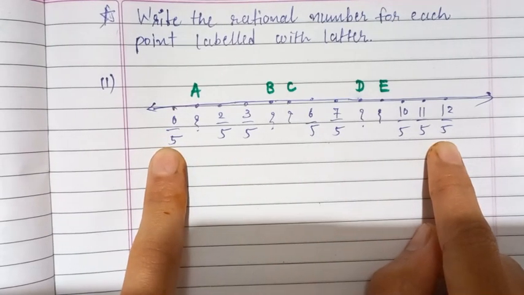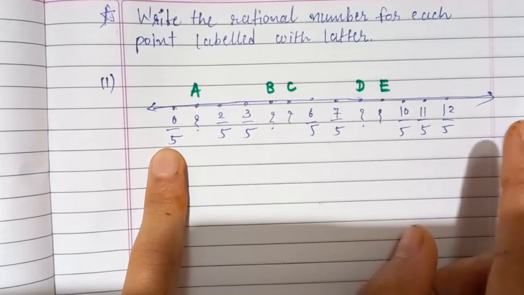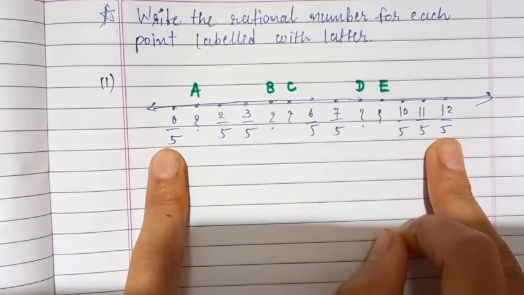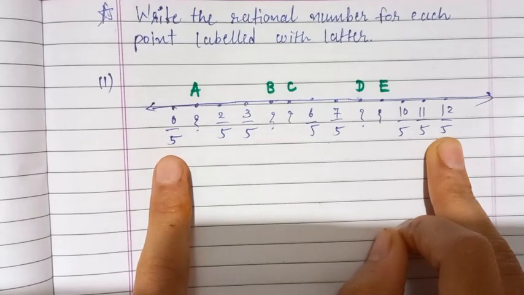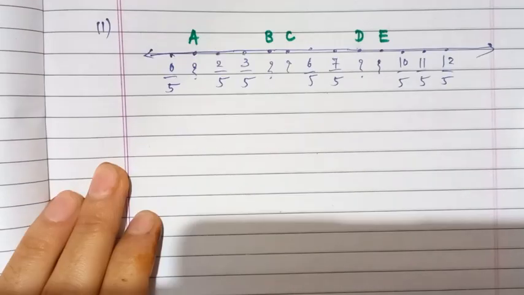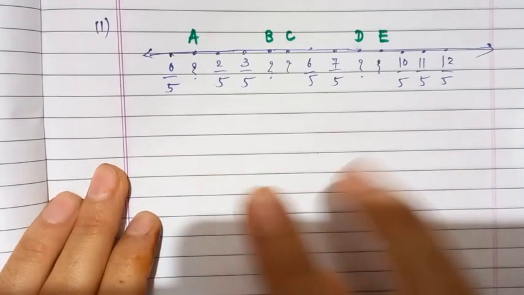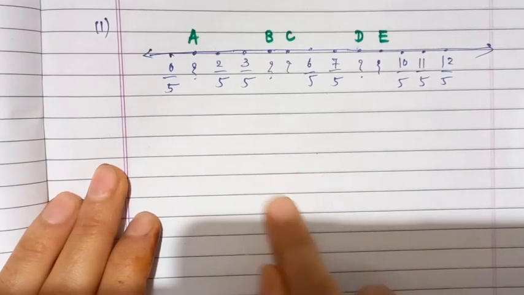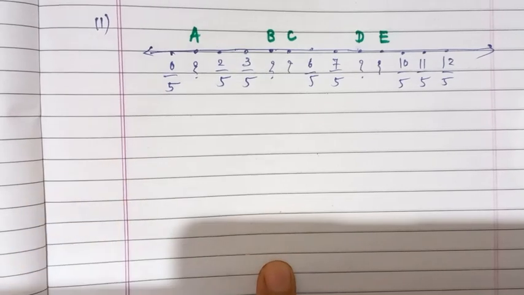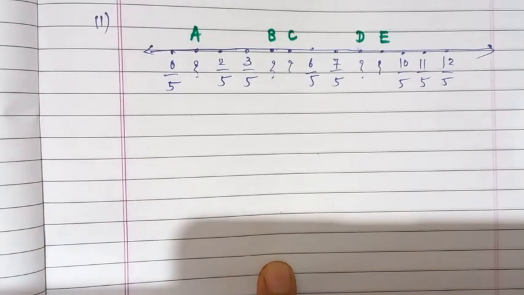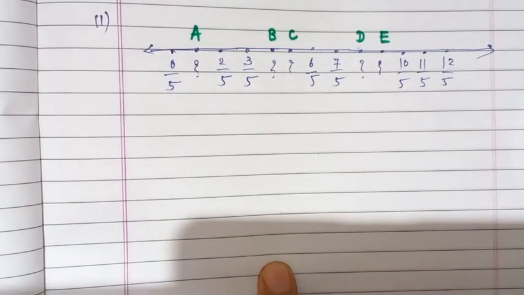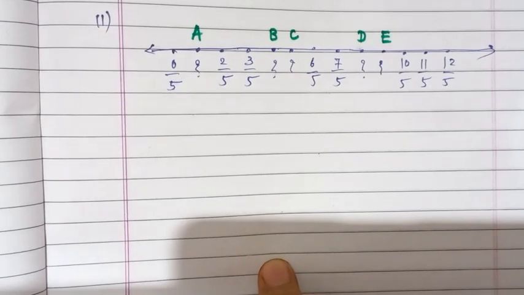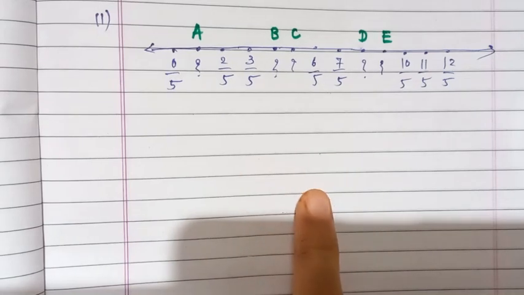And how do we do that? We subtract the smaller number from the bigger number and divide by the number of parts we want. If we want 8 parts, we divide by 8. If we want 6 parts, we divide by 6.